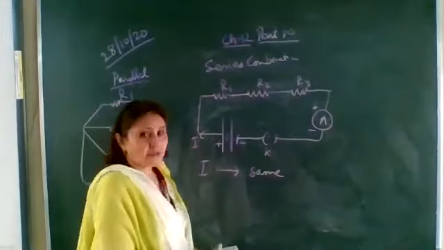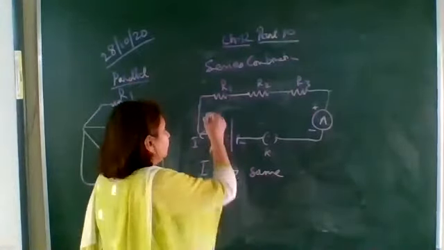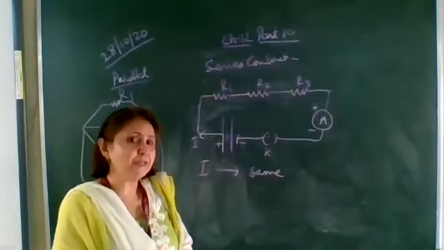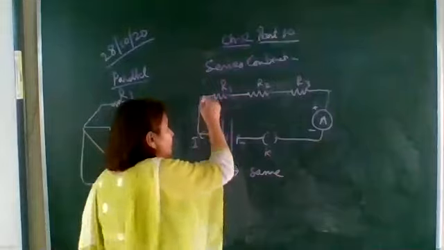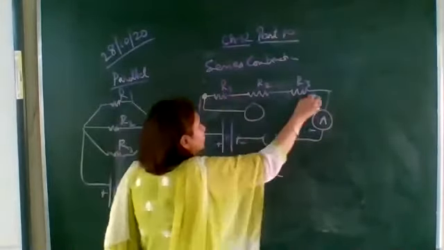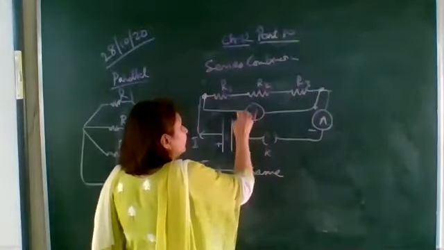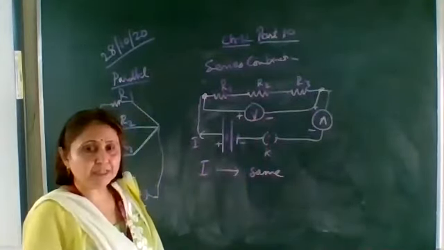Now let us find out the potential difference also. We know that potential difference is measured by a device called a voltmeter, and the voltmeter is always connected in parallel in a circuit. So first let's connect the voltmeter between these two points, that is, across R1 to R3, and note down the voltmeter reading.